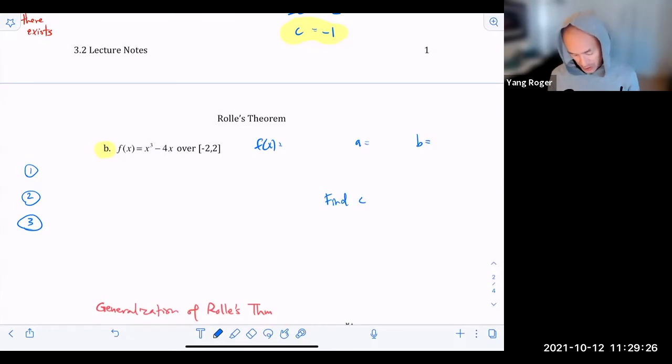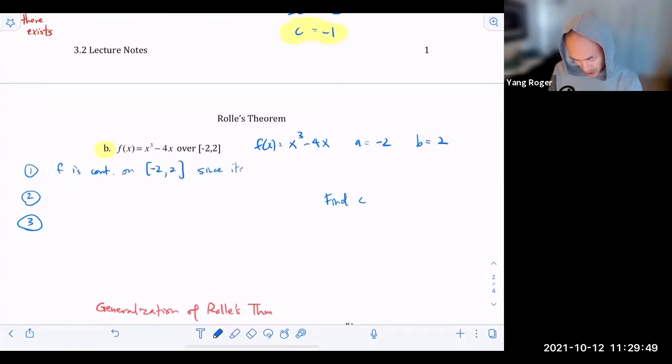I think the first thing we need to do is identify what f is. So it's written in the problem, but I'm just going to rewrite it for fun. x cubed minus 4x. Our a is going to be -2. Our b is going to be 2. f is continuous on -2 to 2 since it's a polynomial. f is differentiable since I can calculate its derivative, which is going to be 3x squared minus 4.